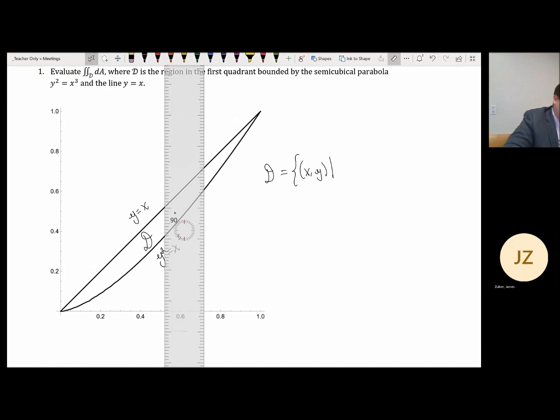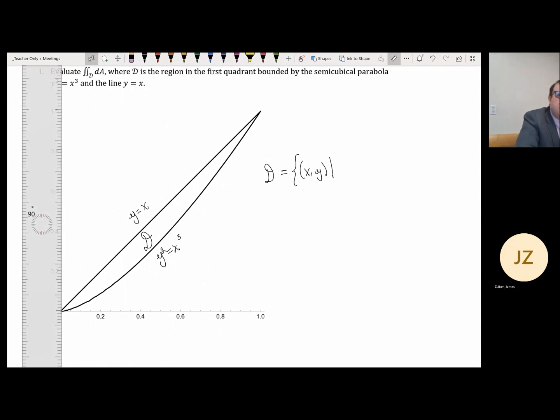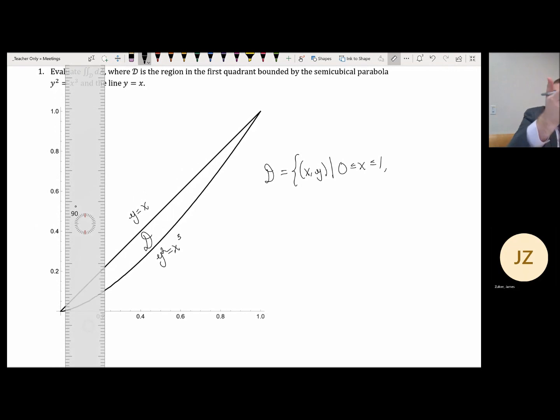As it moves horizontally, what is the interval? Zero to one. It's just the x interval, isn't it? So our imaginary bar slides horizontally from 0 to 1. As it slides from 0 to 1, what does the bar extend from vertically?